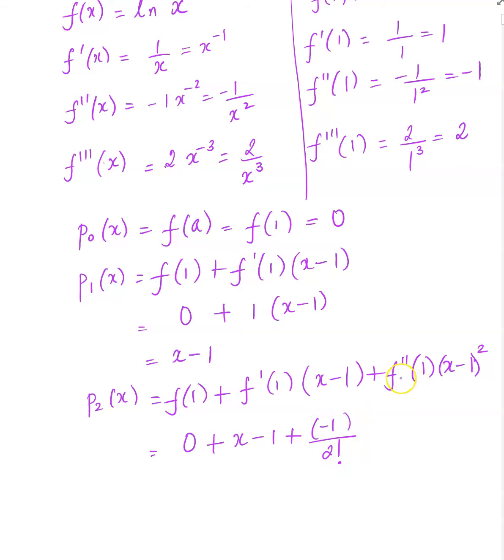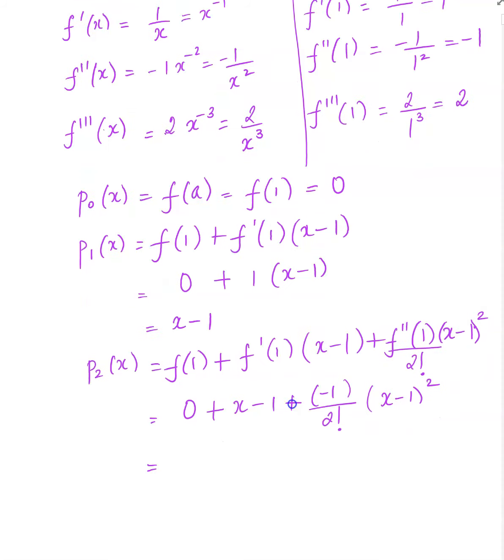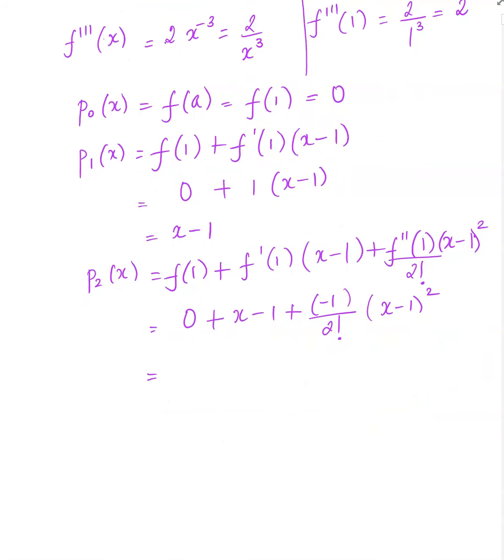Negative 1 for f double prime of 1 over 2 factorial. That's x minus 1 minus half times x minus 1 the whole squared.